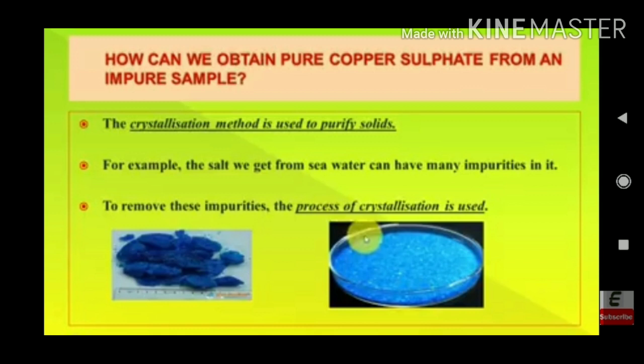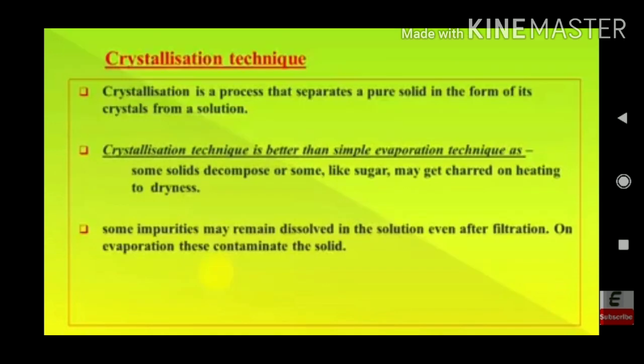Now what is crystallization, students? Have you heard about this one? Crystallization is a process of separating a pure solid in the form of crystals from a solution. This activity can be performed in our lab by collecting the apparatus.